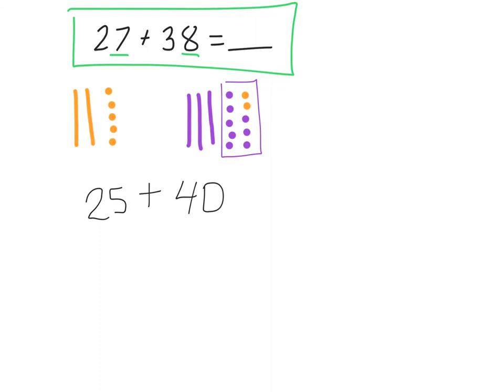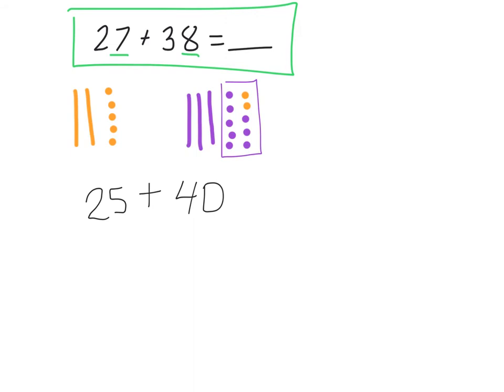When we add 25 plus 40, will the sum be the same as 27 plus 38? Well, yes, because remember, the blocks were just moved around. But the total number of blocks did not change.